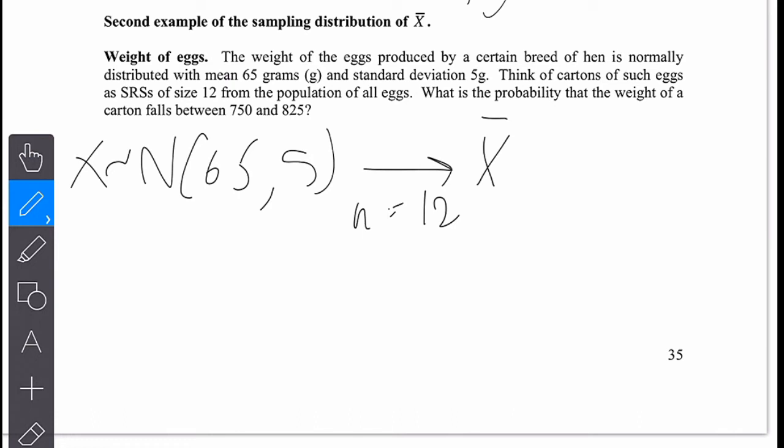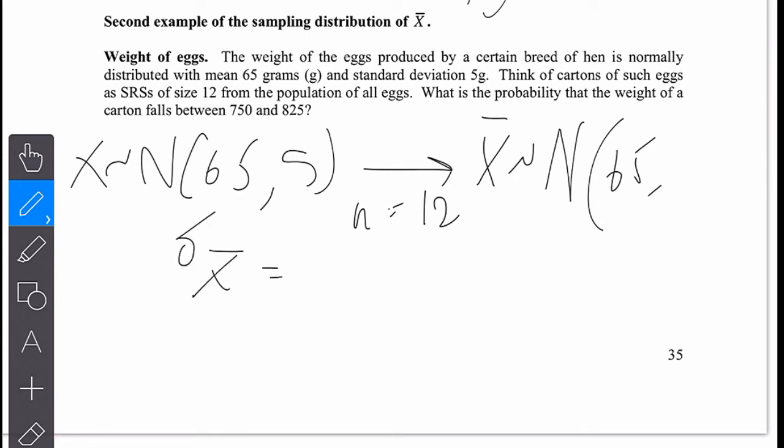So this is also going to be the same normal with the same mean. It's eggs but in a sample, and the standard deviation must change. So we have to find the new standard deviation using the formula. The formula said take the original standard deviation and divide by the square root of n. So the original one was 5.